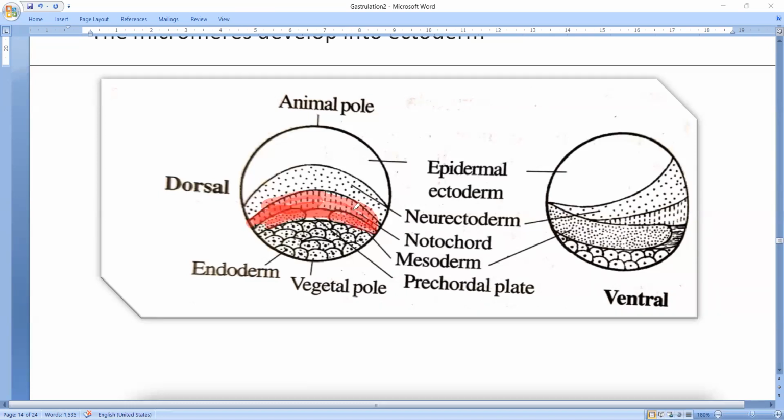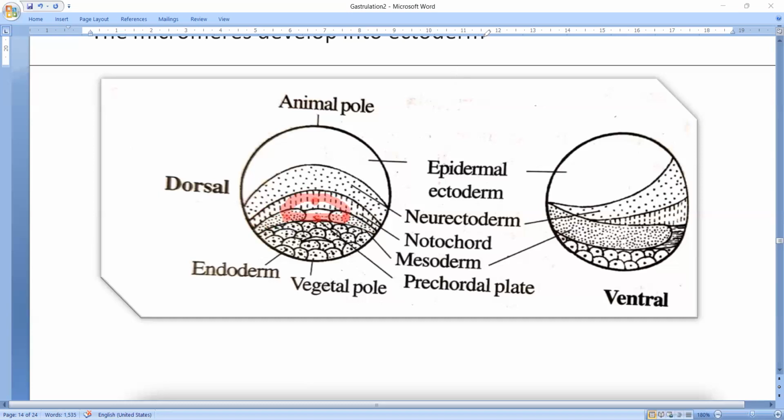In the earlier stage, this is total mesoderm, called chorda mesoderm, from which mesoderm and notochord are formed. The notochord separates later. So this is mesoderm, this is mesoderm, this is also mesoderm. This total area is actually chorda mesoderm.